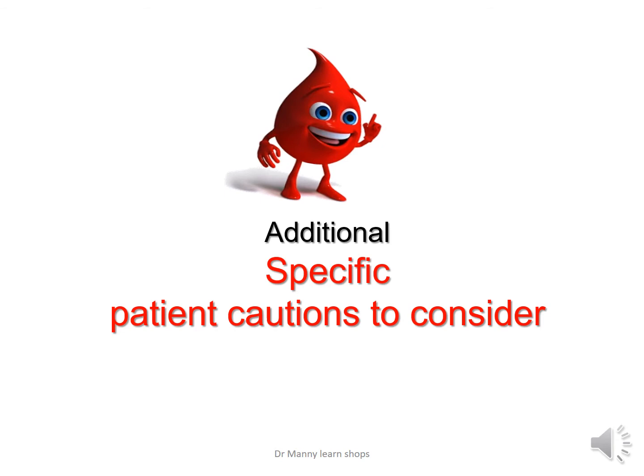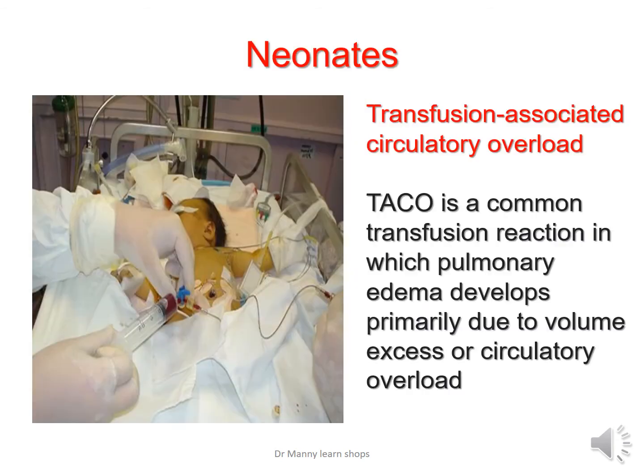Additional considerations relate to specific cautions with patients when giving a blood transfusion. So when it comes to neonates, they're typically at risk of transfusion-associated circulatory overload. The abbreviation TACO is a common transfusion reaction in which pulmonary edema can develop as a consequence of fluid overload.